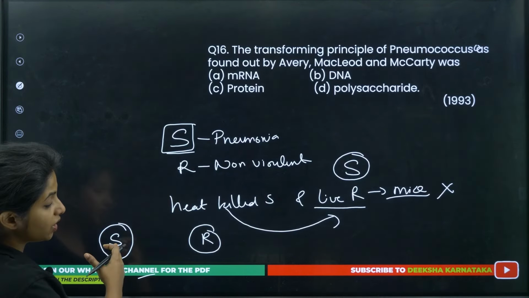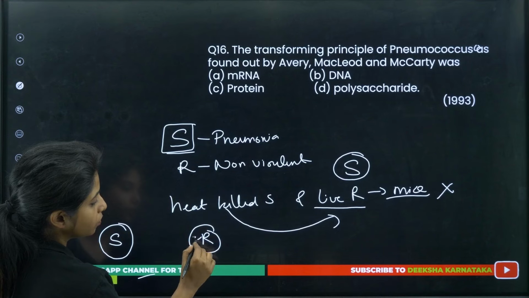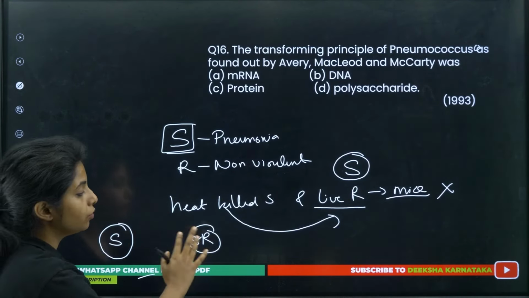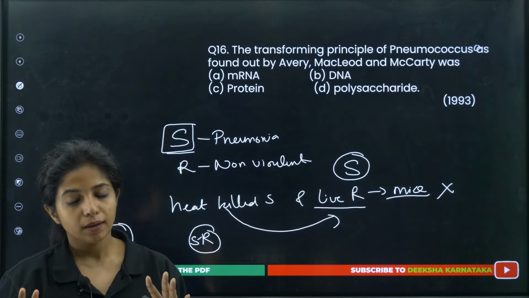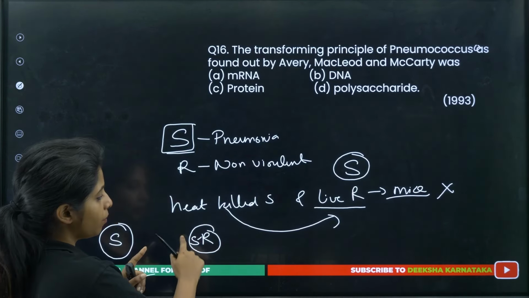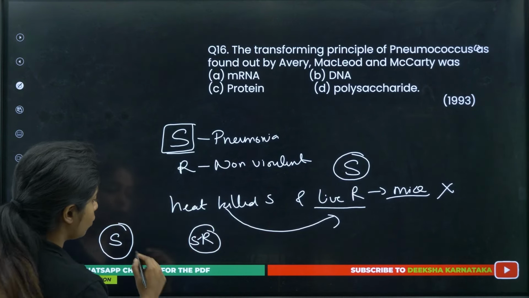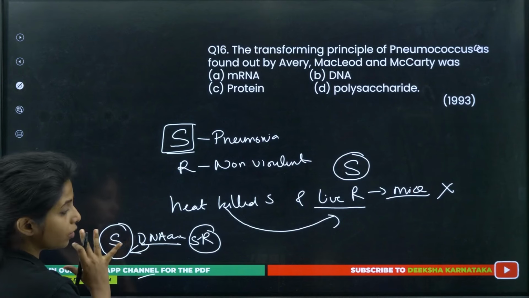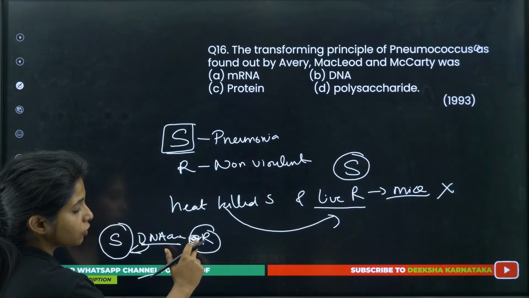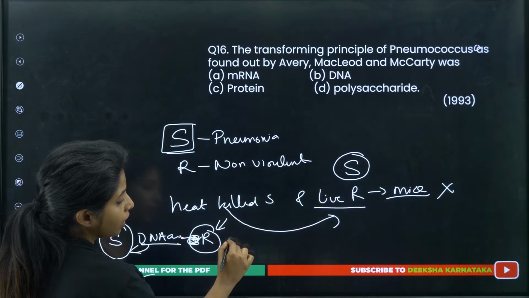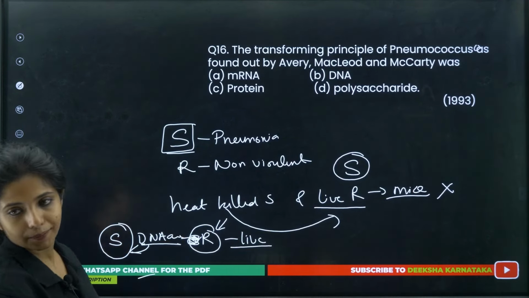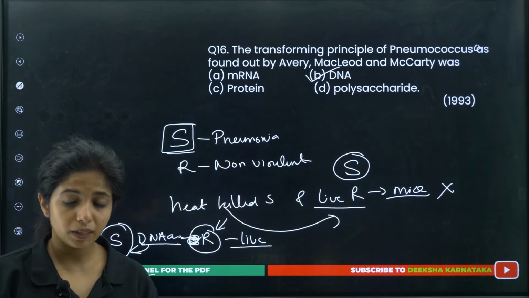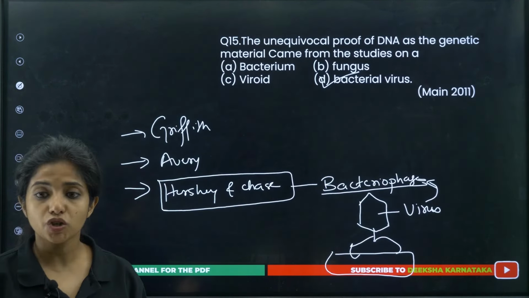When treated with protease, still it was getting converted to S. When it was treated with RNase, still it was getting converted to S. That means RNA and protein, even after getting damaged, still somehow it is getting converted into S. But now when treated with DNase, the DNA got damaged and hence this particular transformation was not seen. The R strain remained R and the mice remained living. So it was them who said that DNA is basically the one, but still people didn't believe it, which is why they went ahead with Hershey and Chase experiment.